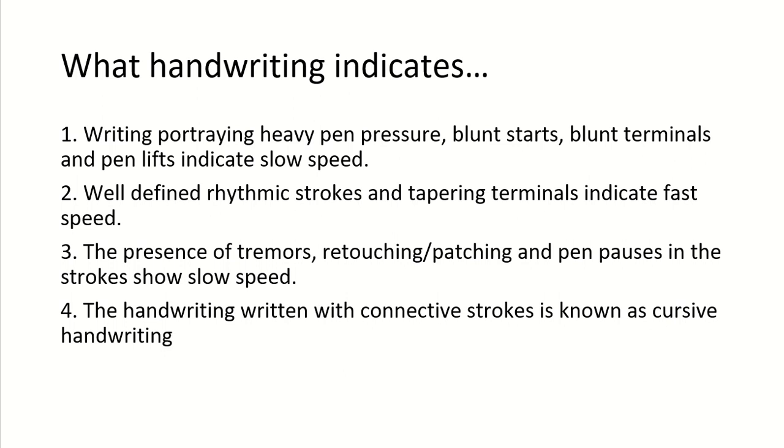Well-defined rhythmic strokes and tapering terminals indicate fast speed of the writer. The presence of tremors, retouching, patching and pen pauses are in case of slow speed or forgery. The handwriting written with connective stroke is known as cursive handwriting.